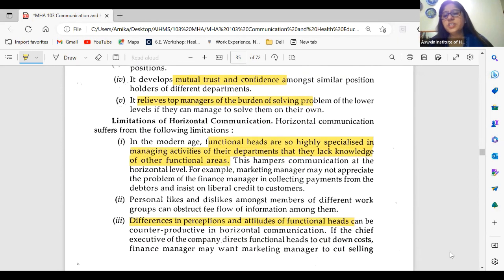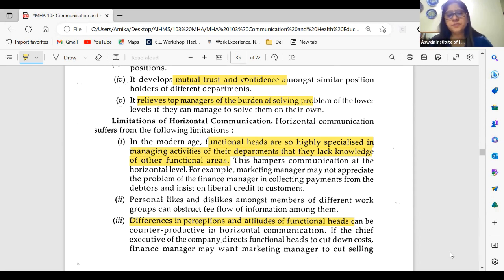Now, what are the limitations? One of the most important factors which practically happens is, in today's world, everyone is specialized in their own field. So when two departments come together, it is not an easy thing to discuss and resolve the issues, because they lack the technical knowledge of the other department.